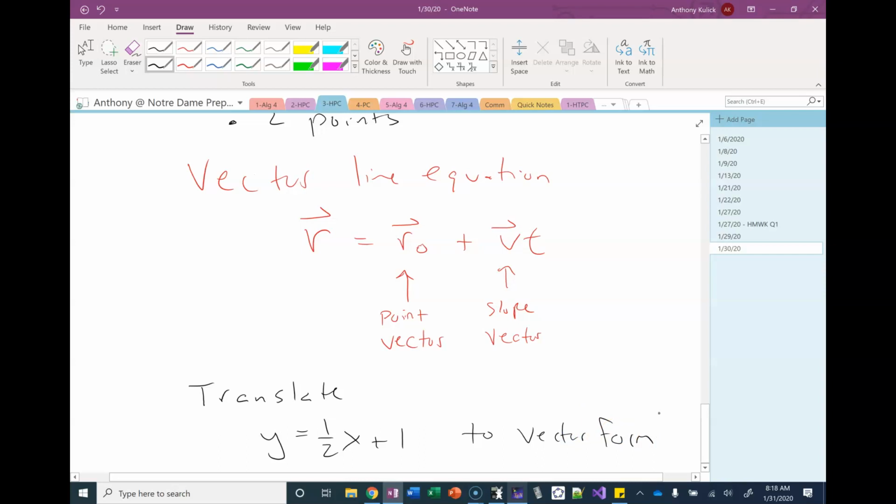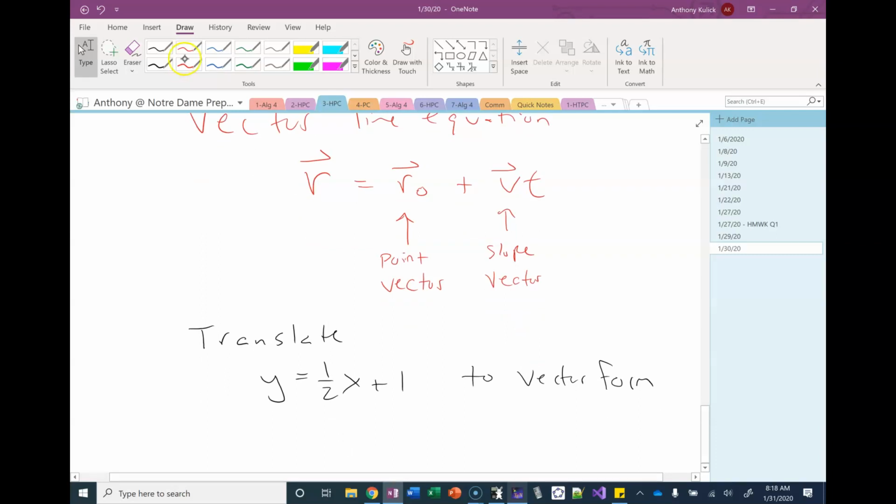So let's say we want to translate this equation into vector form. What is the slope in this equation? 1/2. And remind me, how do we find slope again? The change in y over change in x.